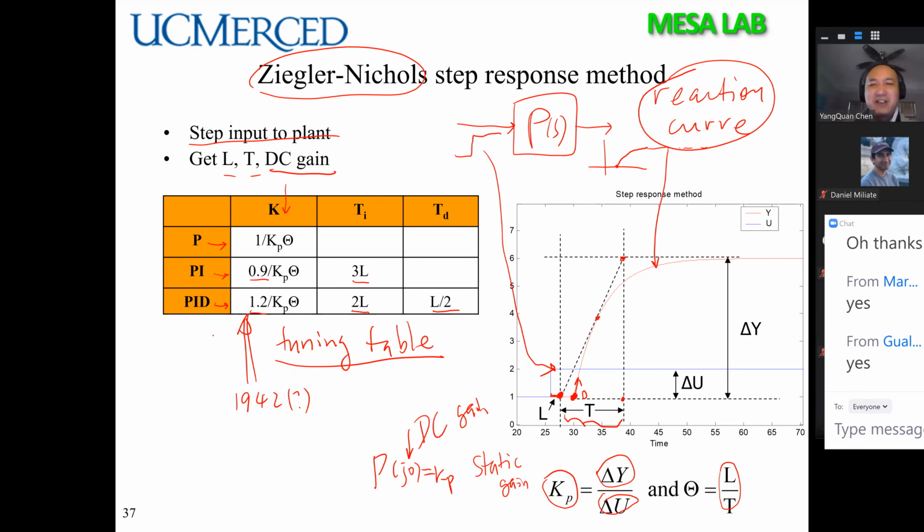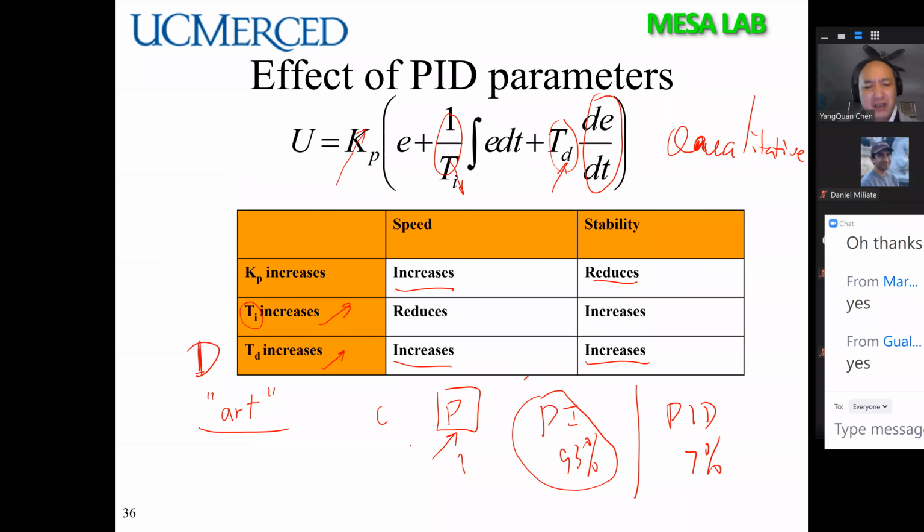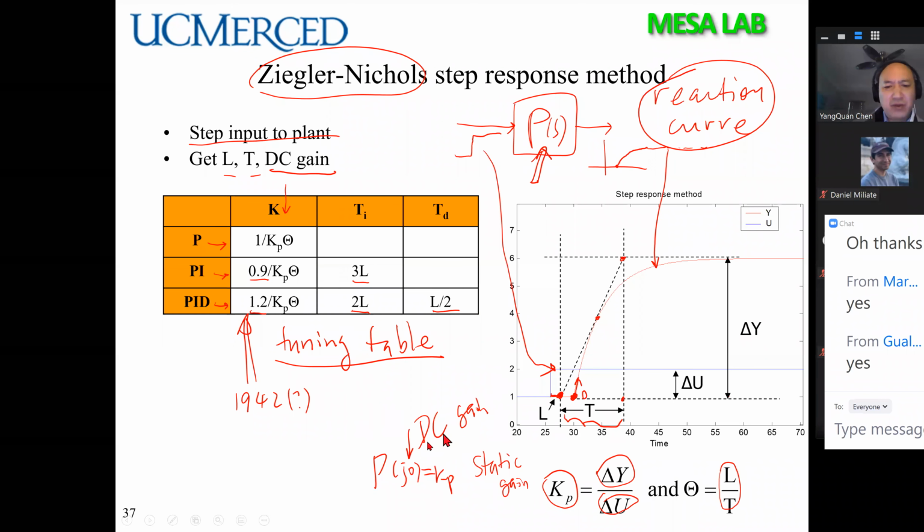Maybe people may say this is quick and dirty, I didn't know the whole thing about my P(s). So it is minimum knowledge. Basically, you have one point of the Nyquist plot.